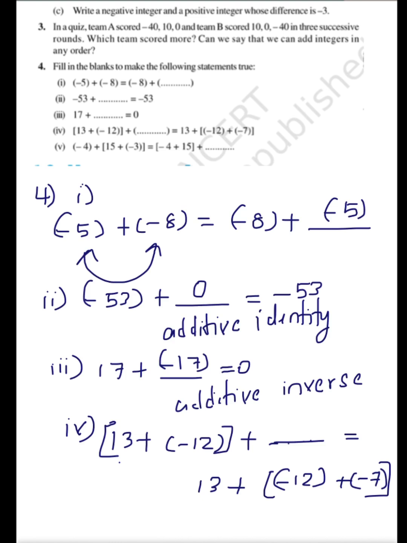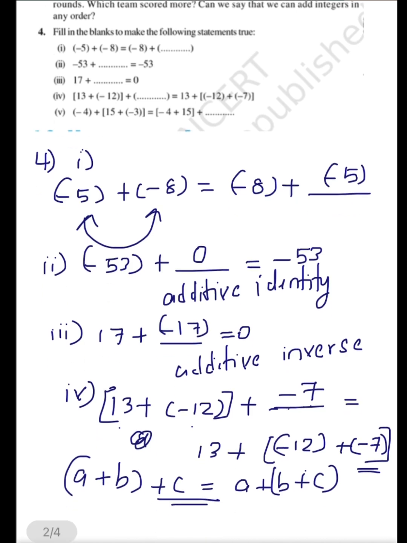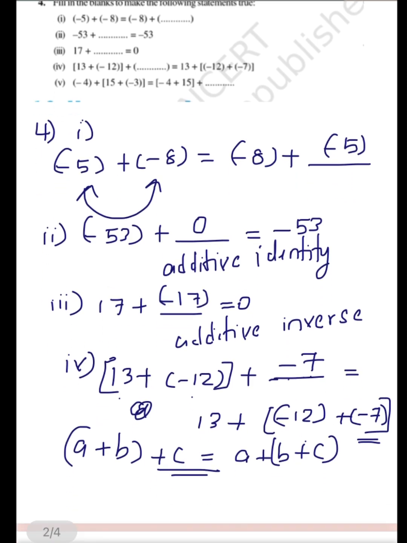That is, a plus b plus c is equal to a plus b plus c, grouped differently. So the answer for this question is minus 7.